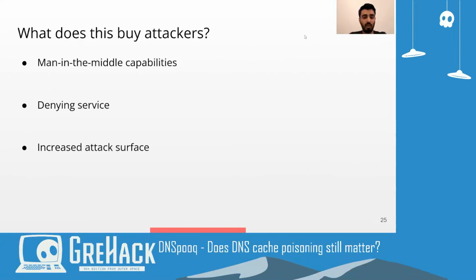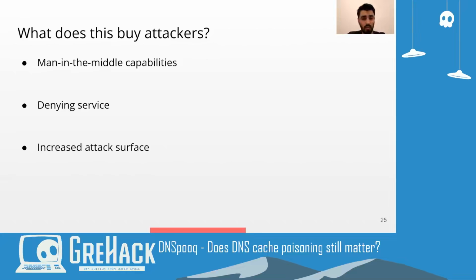All right, so now we'll take a broader look and assume the attacker has a DNS cache poisoning capability. What can he do with it? The first and most straightforward thing is that DNS cache poisoning provides man-in-the-middle capabilities for the attacker. The attacker poisons a target domain name and redirects the client to the attacker's IP address, where he can see the traffic, interfere with it, and do all sorts of bad stuff.